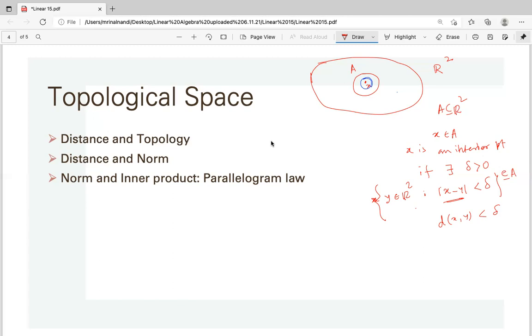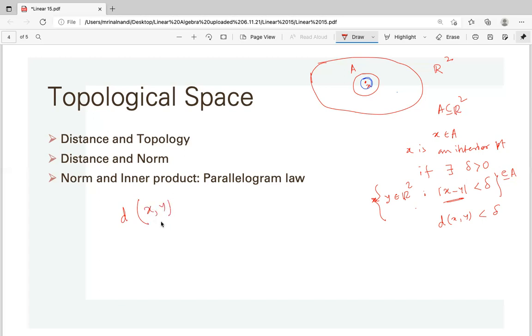Okay, forget about all this topology. You just come down to distance. Now, a norm can define a distance. Distance defines a topology, but every topology may not define a distance. So how can a norm define a distance?